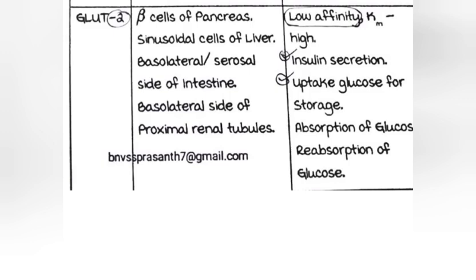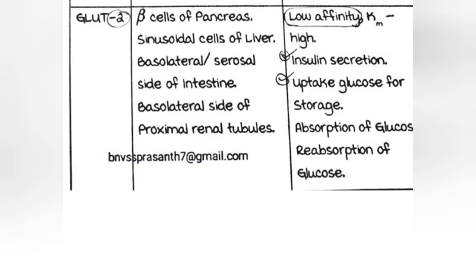They work when there is a very high concentration of glucose, and their function is set accordingly. They help in insulin secretion. When there is a very high concentration of glucose in our plasma, they stimulate the beta cells of the pancreas to secrete insulin, to lower the glucose concentration.